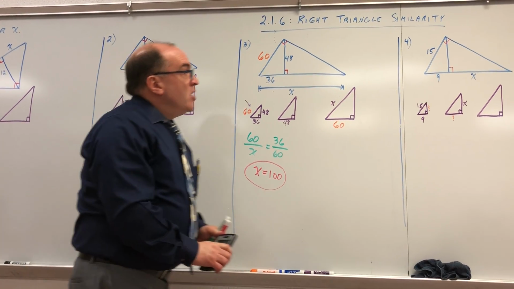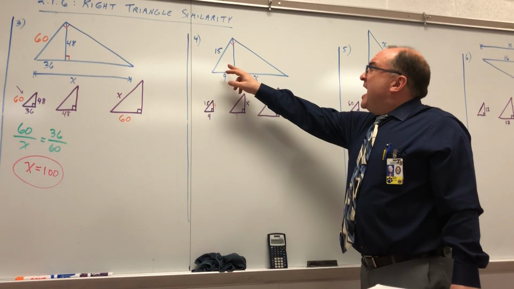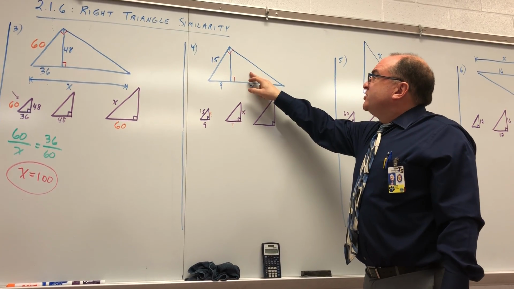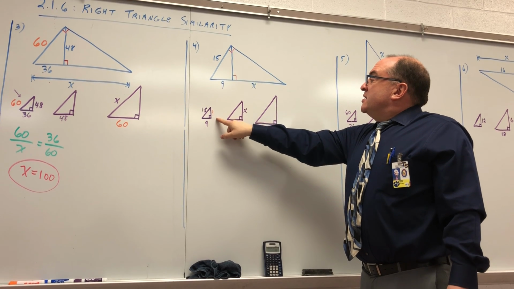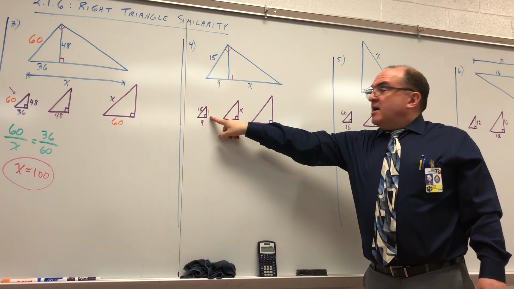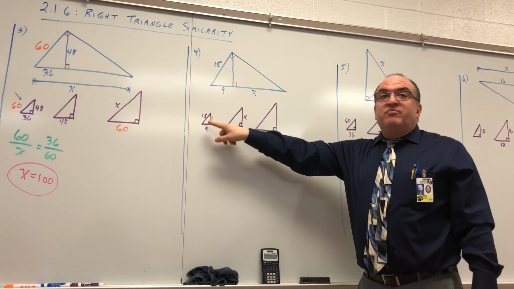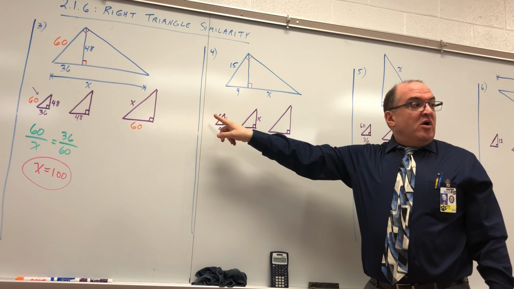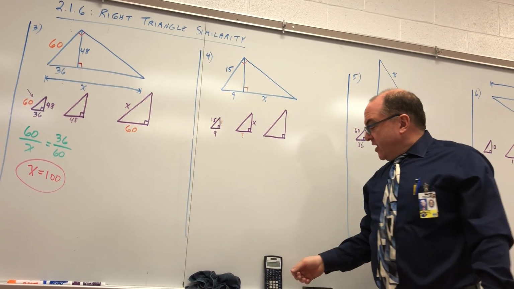Once again, here's another example. I have the smaller triangle, the middle triangle, and the big triangle. Now I'm going to find this guy here. How do I find this guy? Do I do a squared plus c squared? No. I'm going to do c squared minus a squared.